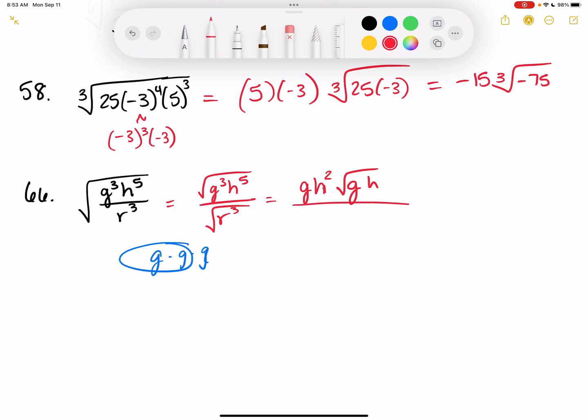And then on the bottom, what can I take out of that one? An r? Is that what you said? And that leaves me with what? An r. Am I done? No. What's wrong with it?